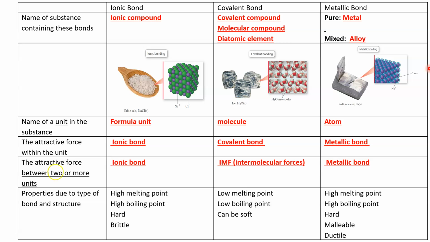Now, the attractive force between two or more units in an ionic bond is just called an ionic bond. Let me back up. Let's look first at the attractive force within the unit, and pay attention to that word there, within.